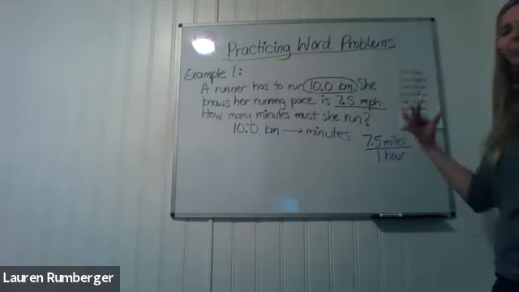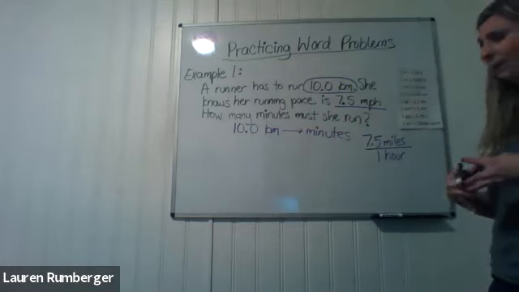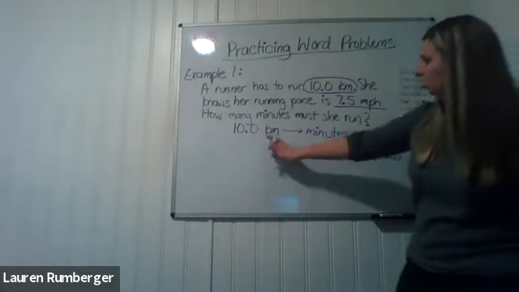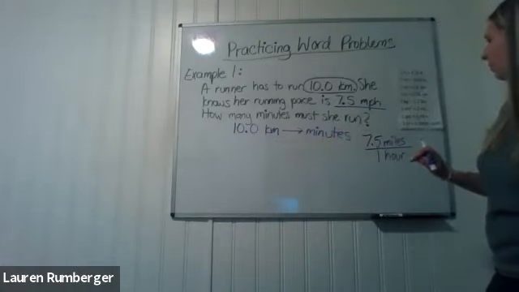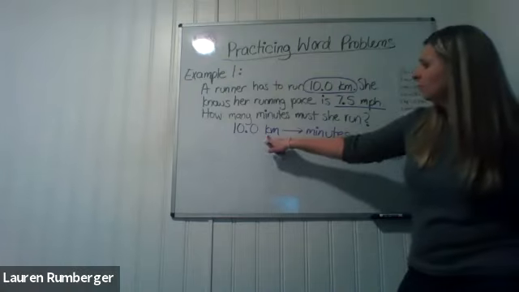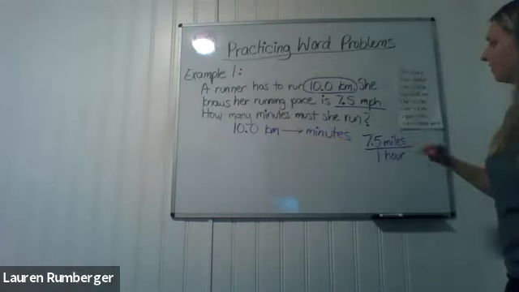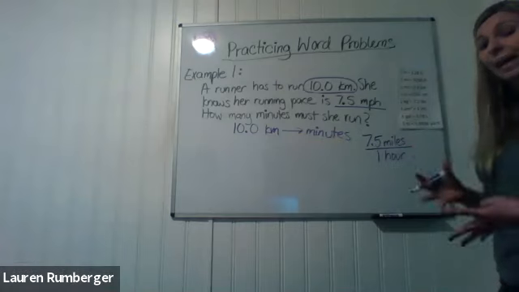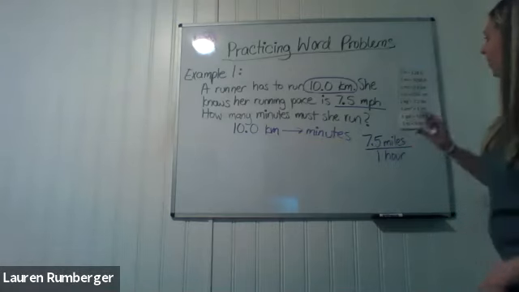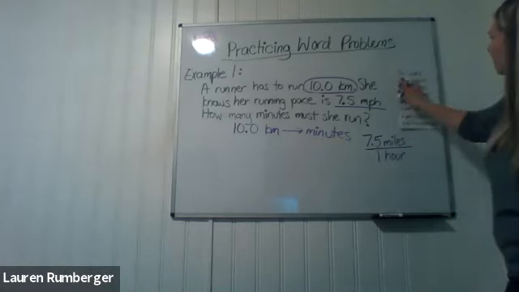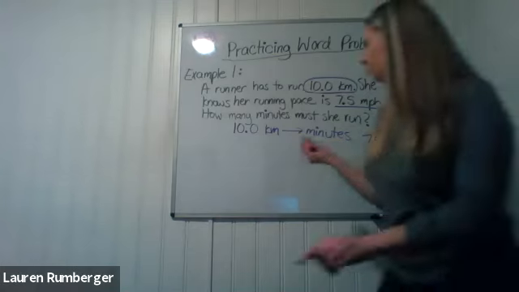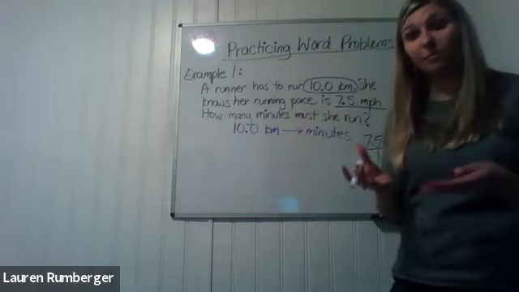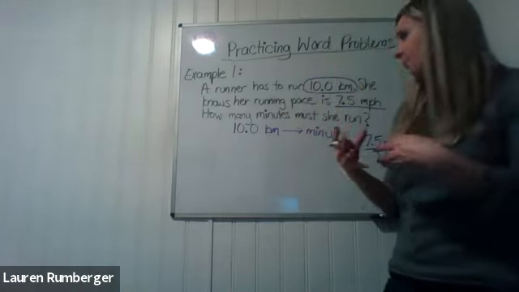We need to figure out how we can connect all this together in order to change kilometers to minutes. Now distance in kilometers and distance in miles has a relationship. That relationship is 1 mile is equal to 1.6 kilometers. So that's another piece of information that's going to help us connect.